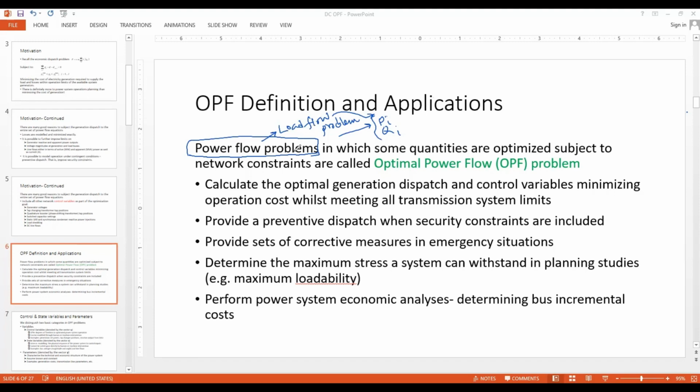So it is still the power flow problem, but there is a little difference. In the basic power flow problem, we didn't think about any sort of optimization.